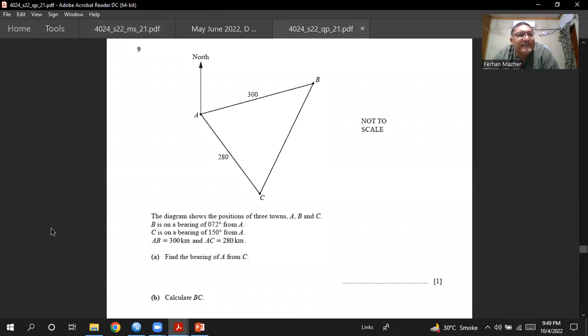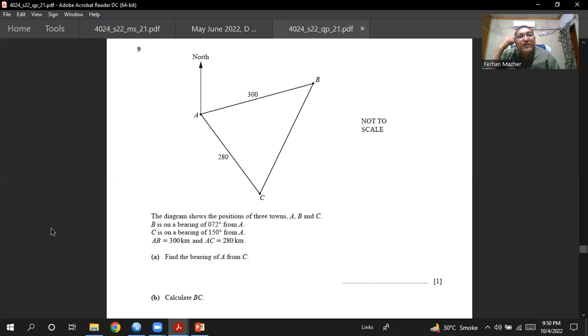Here it says the diagram shows the positions of the three towns A, B, and C. B is on a bearing of 72 degrees from A. C is on a bearing of 150 from A. The length AB is 300 kilometers, and the length AC is 280 kilometers. Find the bearing of A from C.